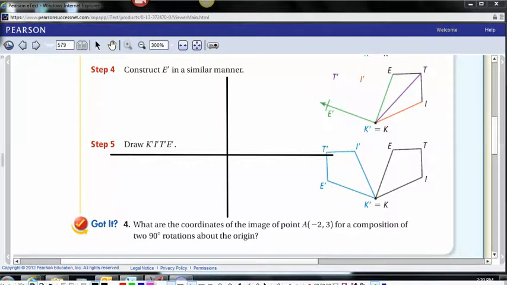So if you plot it at -2, 3, and they call it A, and you're going about the origin, your center of rotation is right here, isn't it? So if you rotate this thing 90 degrees, where will it be? -2, -3, wouldn't it? Be right down here.